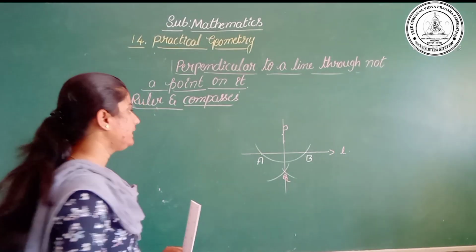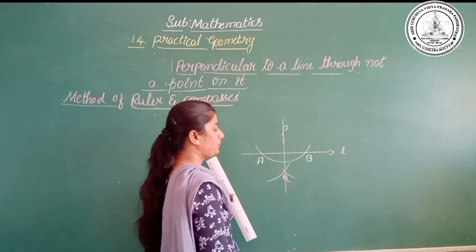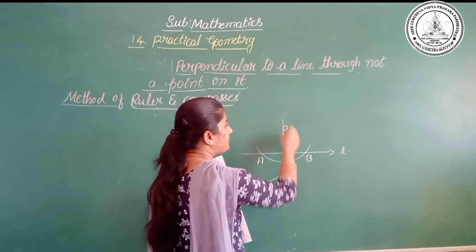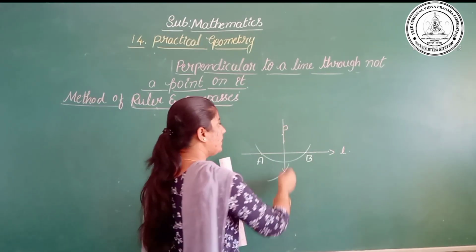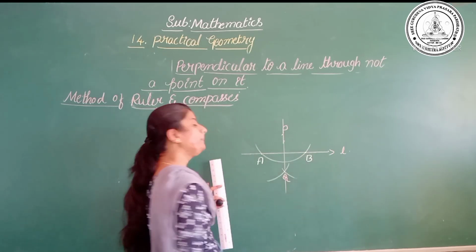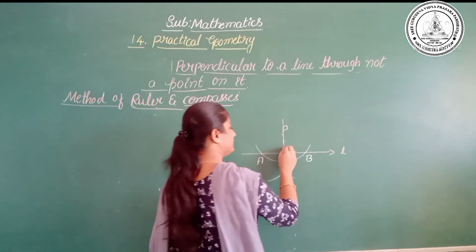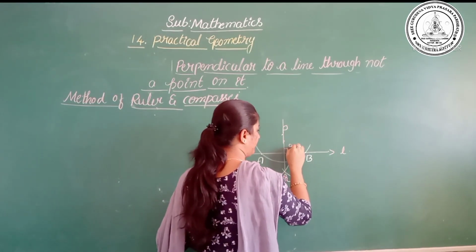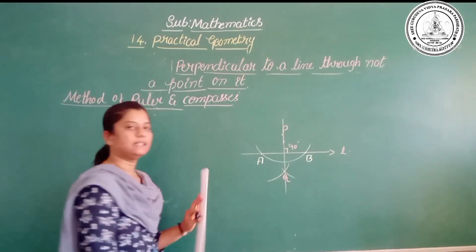So we have drawn a perpendicular line. Now you may see that AB is perpendicular to PQ, or PQ is perpendicular to line AB. The angle formed is equal to 90 degrees.